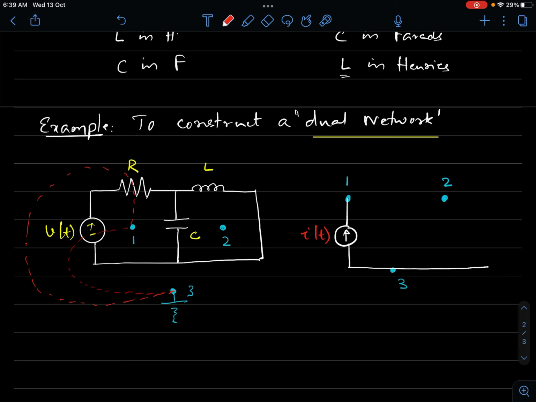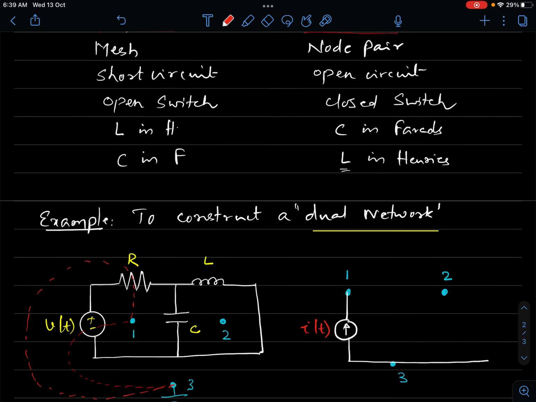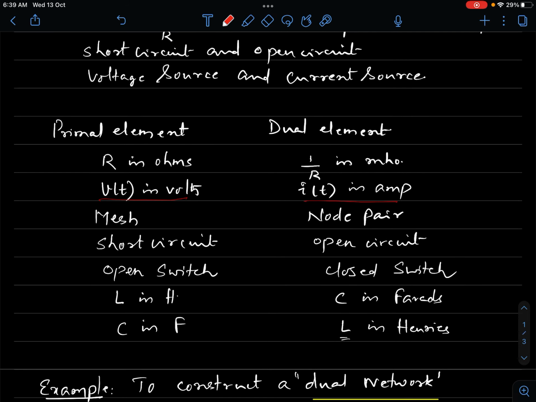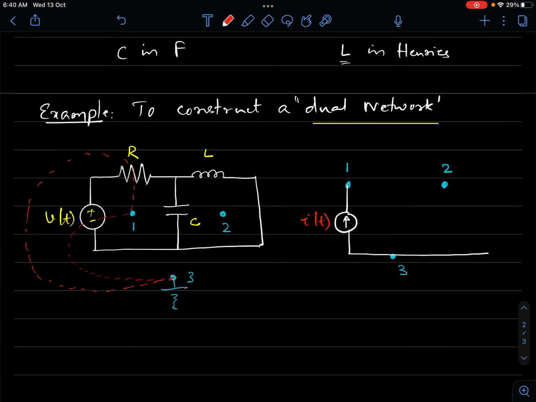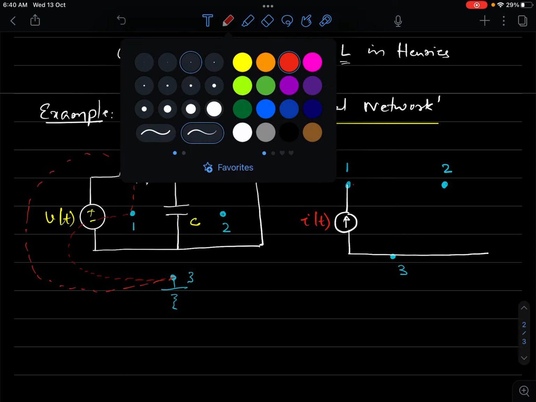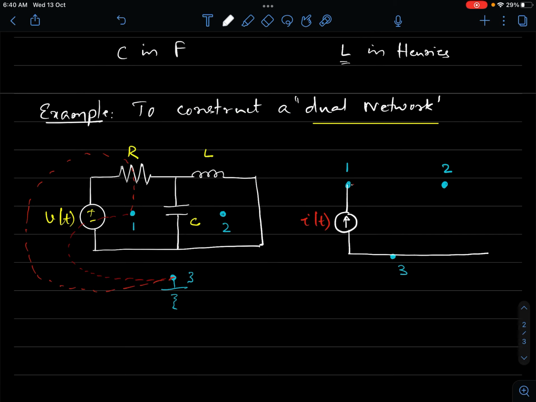The equivalent is the conductance, R here becomes 1 by R in mhos. So I will extend this node 1, and between node 1 and node 3, I will put this resistor.